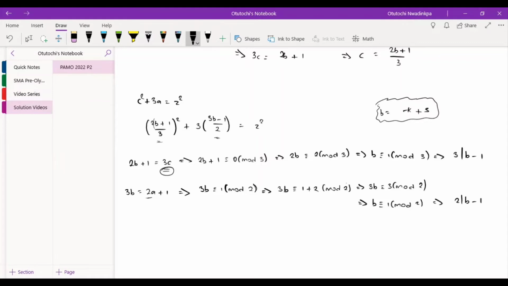Now this is going to imply that 2 divides b minus 1. Now we have 2 divides b minus 1 and 3 divides b minus 1, and 3 and 2 are relatively prime, right? They are primes. So this is going to imply that 3 times 2, which is 6, divides b minus 1. And of course, this implies that b is equivalent to 1 mod 6.